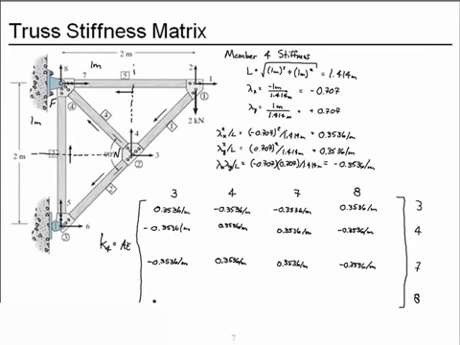Negative lambda x lambda y, so the negative signs cancel. Negative lambda y squared, lambda x lambda y, and lambda y squared.